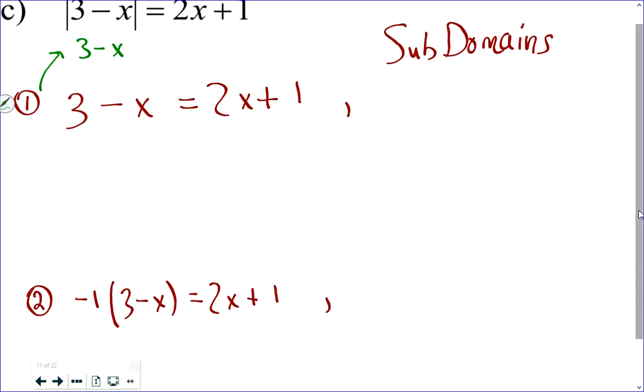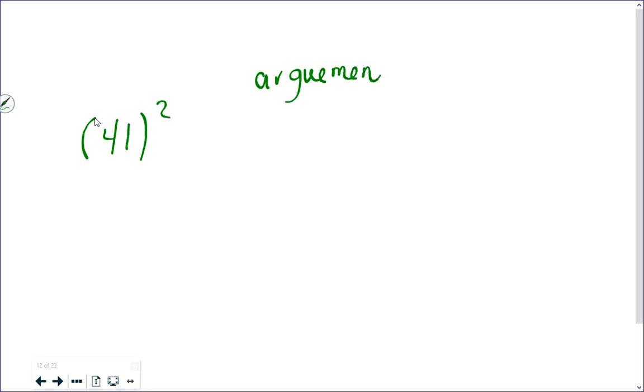So, for example, if I said to you that we have 41 squared, the argument is 41. Because the operation is squaring, you're squaring 41, the argument's 41.